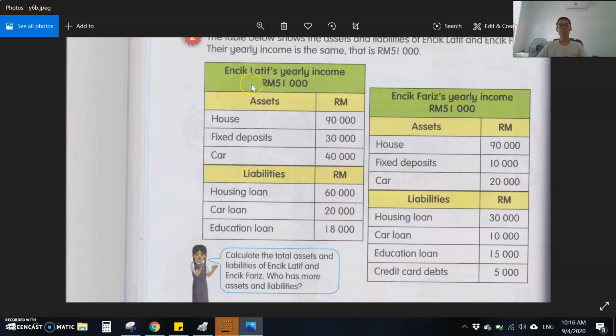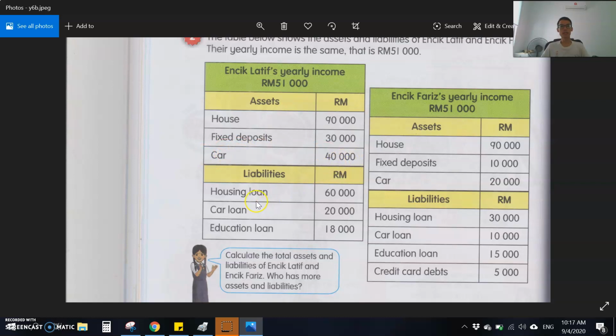Yearly income gaji setahun 51,000. Okay, aset dia rumah bernilai 90,000. Fixed deposits, okay, simpanan dalam bank, simpanan tetap 30,000. Cars 40,000.